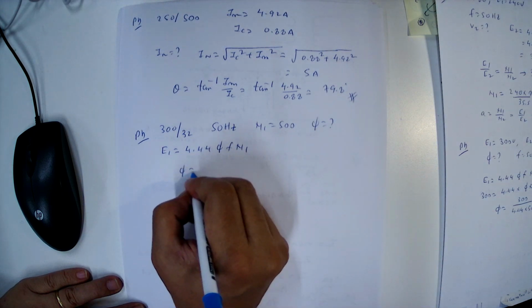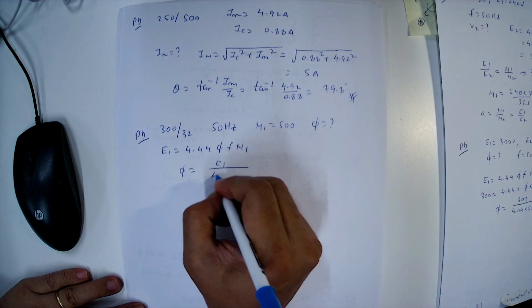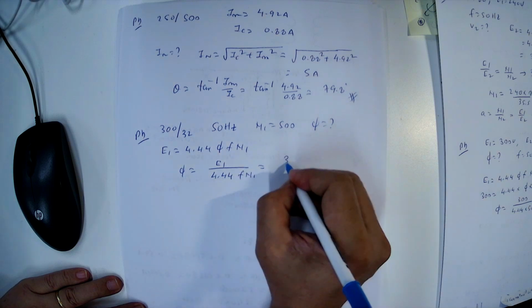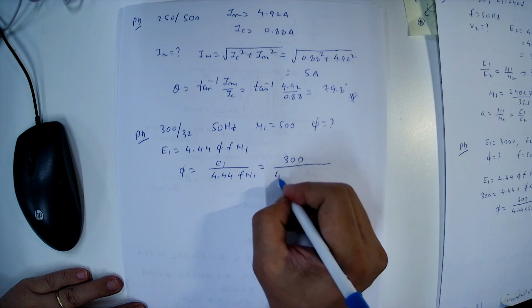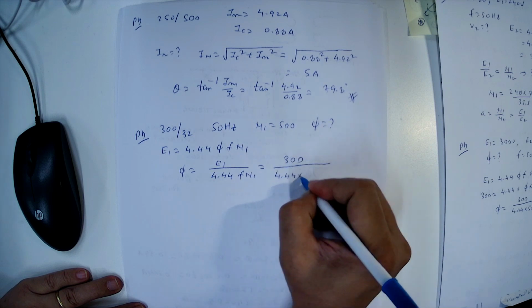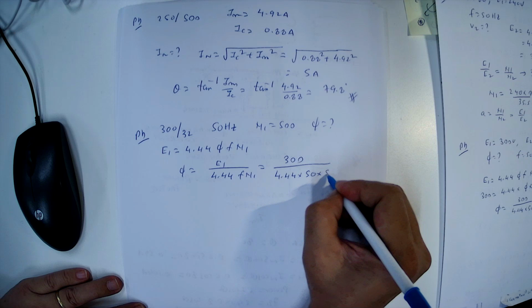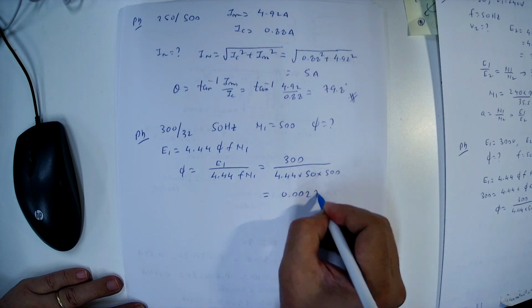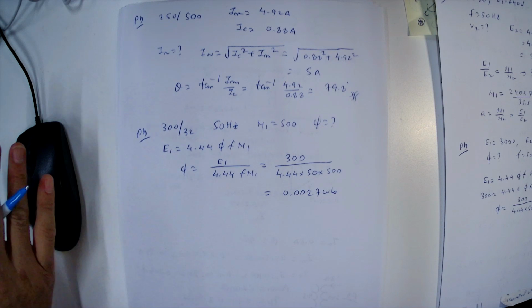So finally we calculate phi equals E1 divided by 4.44 f N1. So E1 is 300, 4.44, f is 50, and N1 is 500. Then you got 0.0027 weber. So this is the answer.